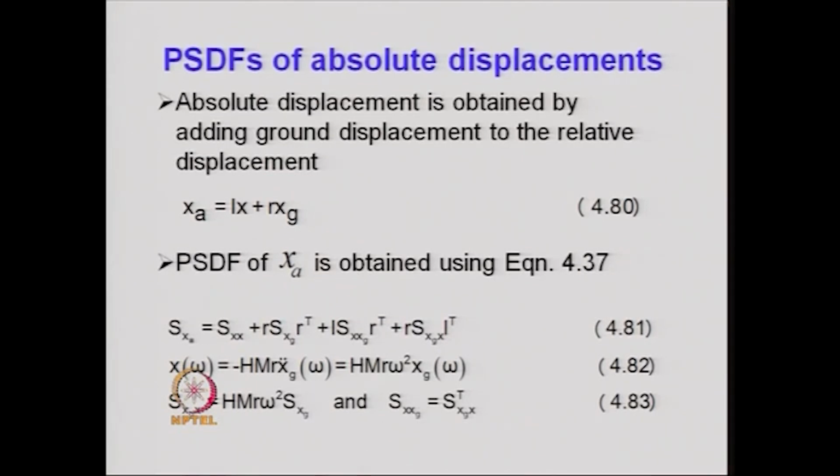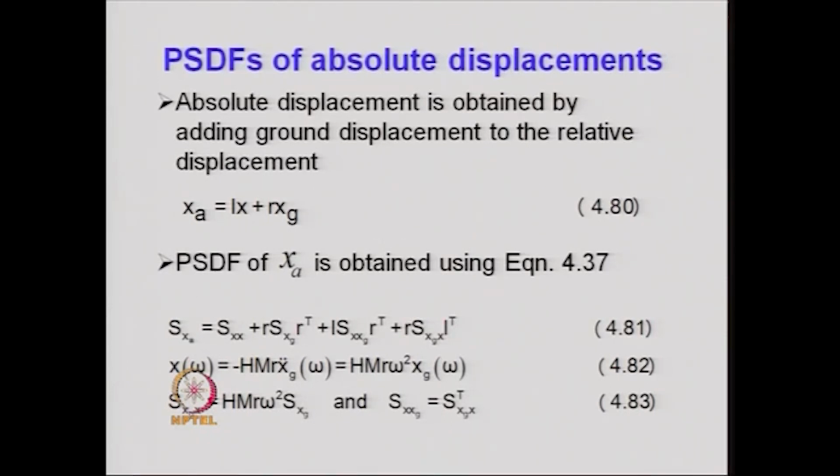One is the relative displacement of the non-support degrees of freedom with respect to the support, that is called the relative displacement. The other one is the absolute displacement, in which the total displacements at different non-support degrees of freedom are considered.